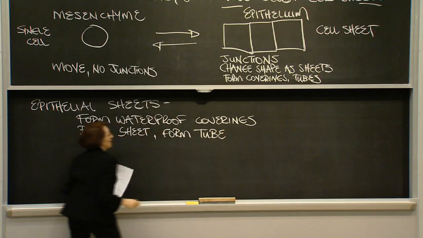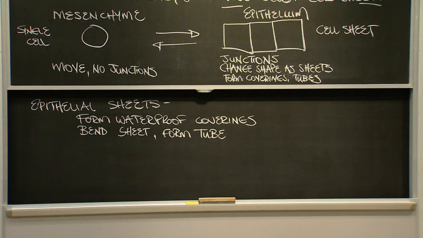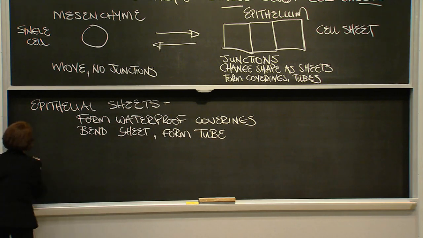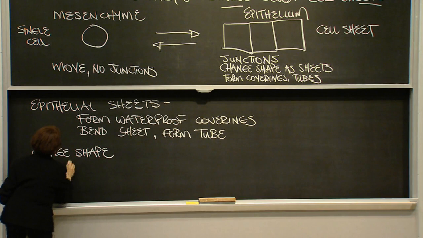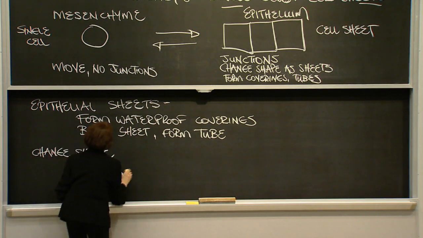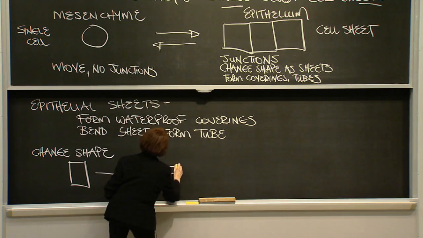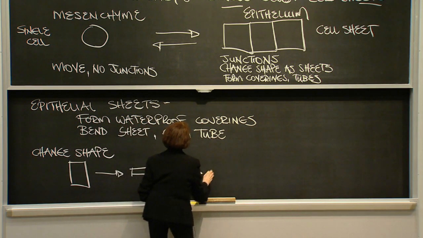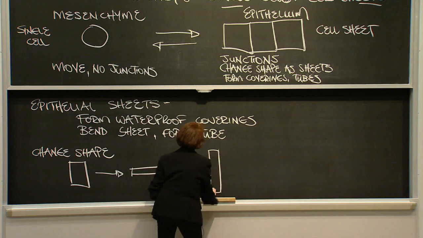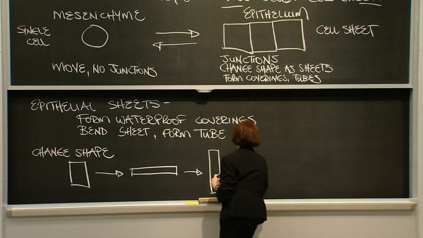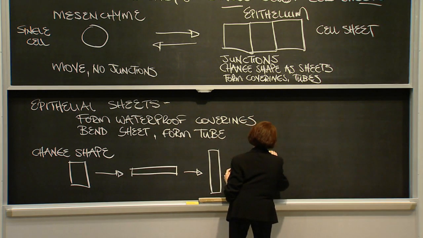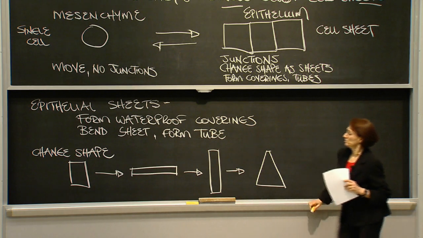They do this by a series of stereotypical changes where cells can change shape so that a square cell can become an elongated cell in one direction, or a cell that's elongated in a different direction, or can become a wedge-shaped cell.